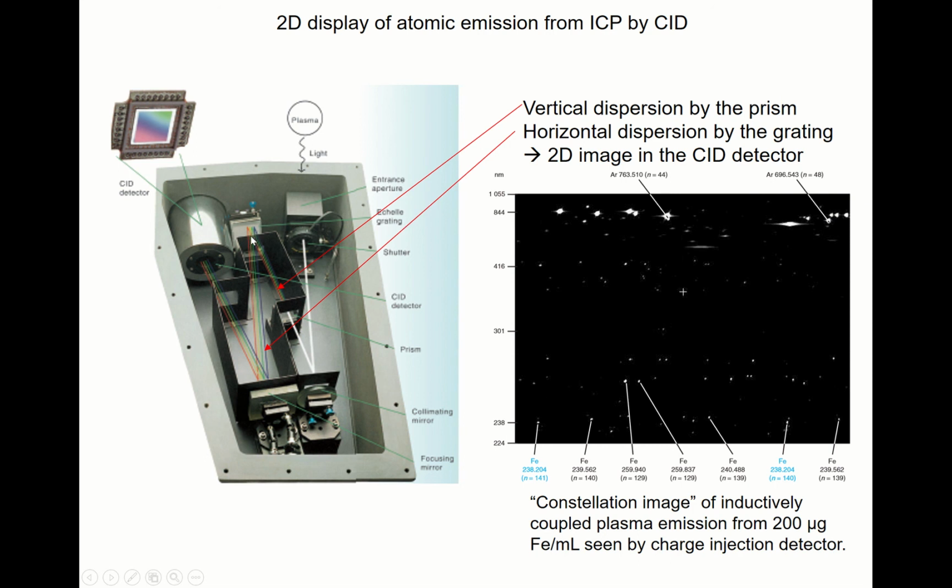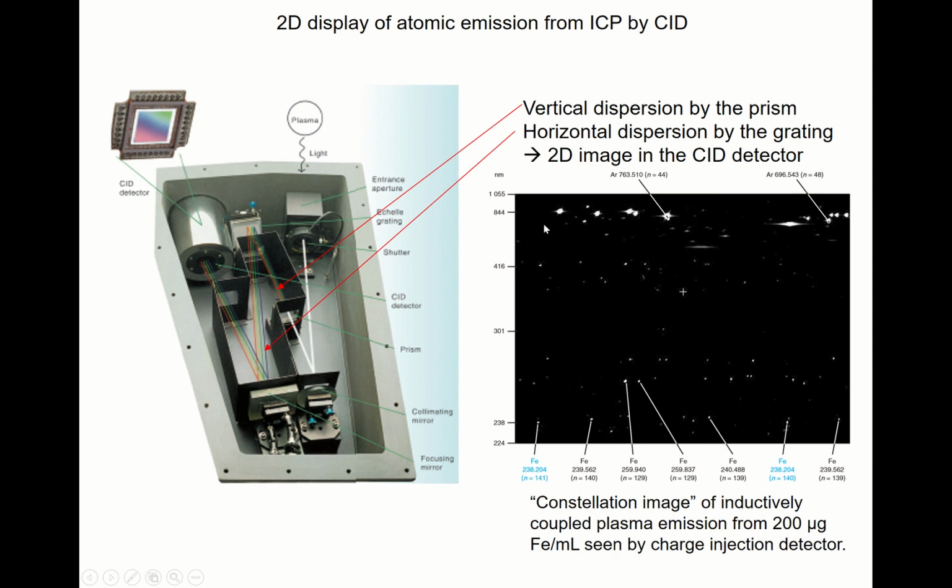This grating makes horizontal dispersion. So vertical dispersion happens first, then horizontal dispersion at this grating, and then it's reflected by this mirror and detected by this two-dimensional charge injection device.